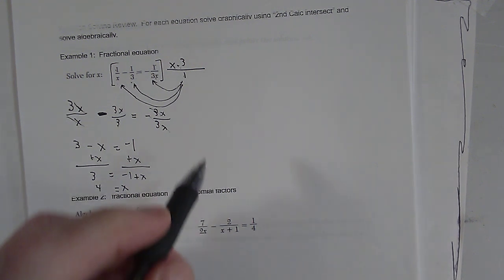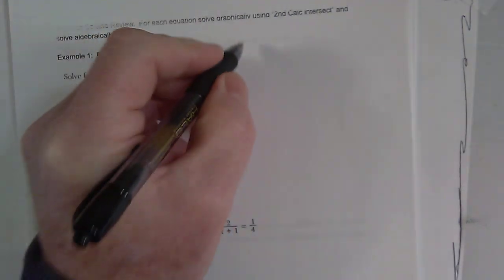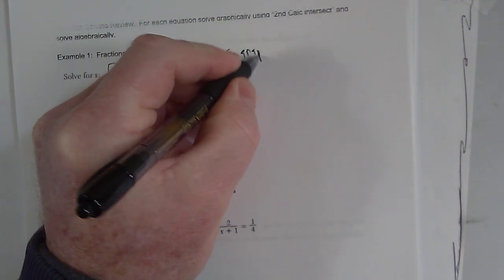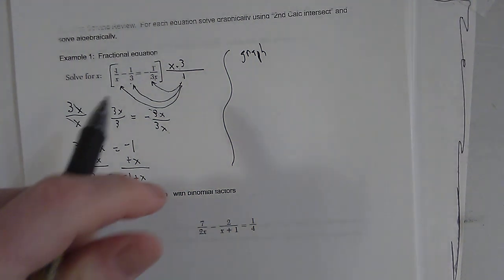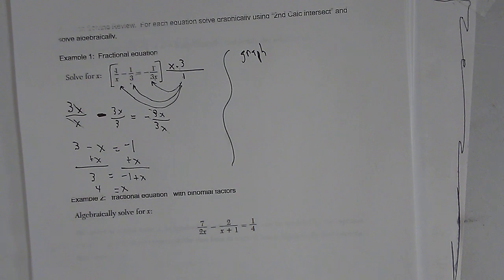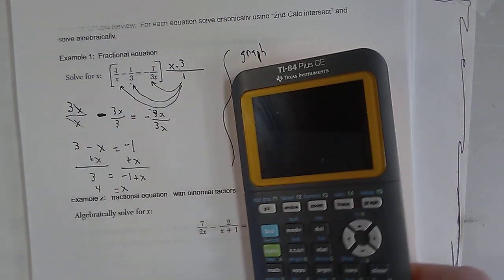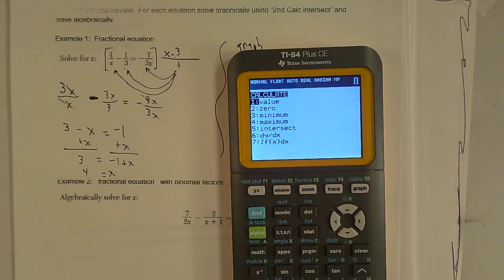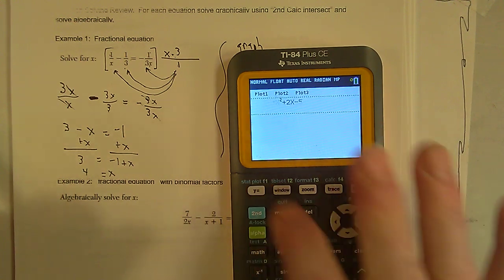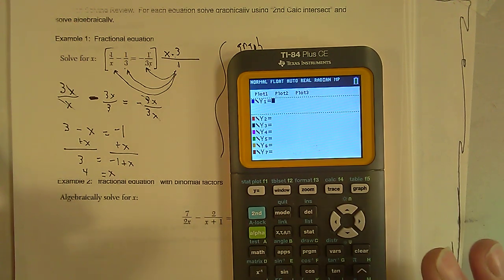Now if I wanted to do this graphically, take my calculator, which is way over here. Type one side of the equation into y1, the other side of the equation into y2, get a good graph and find where they meet.